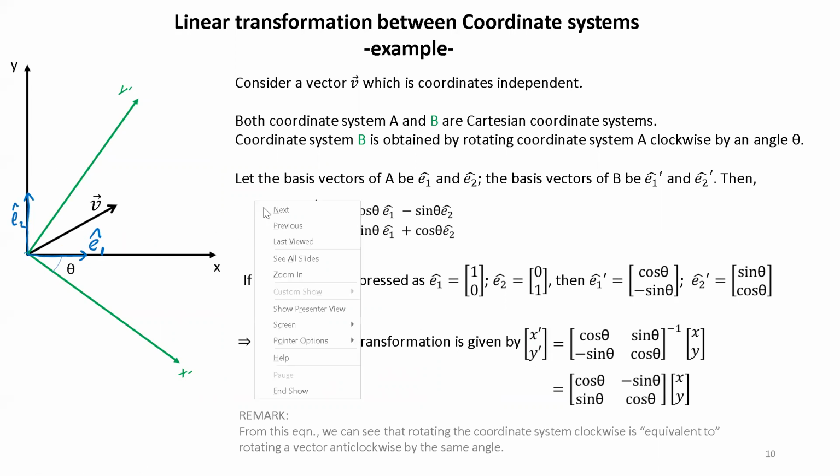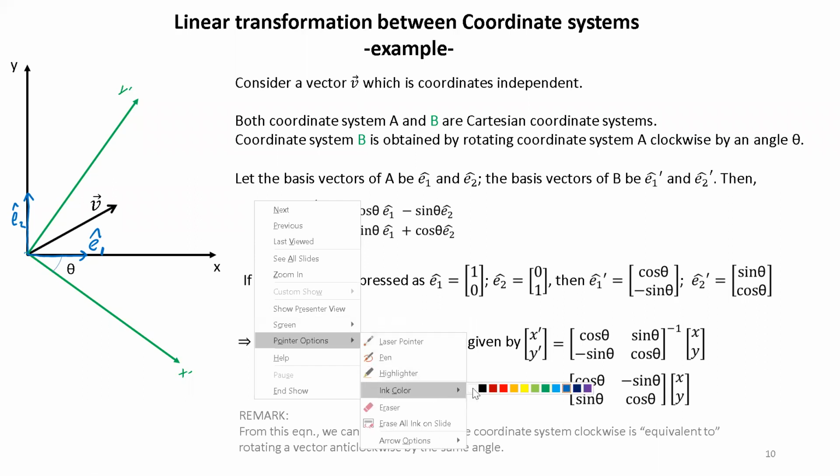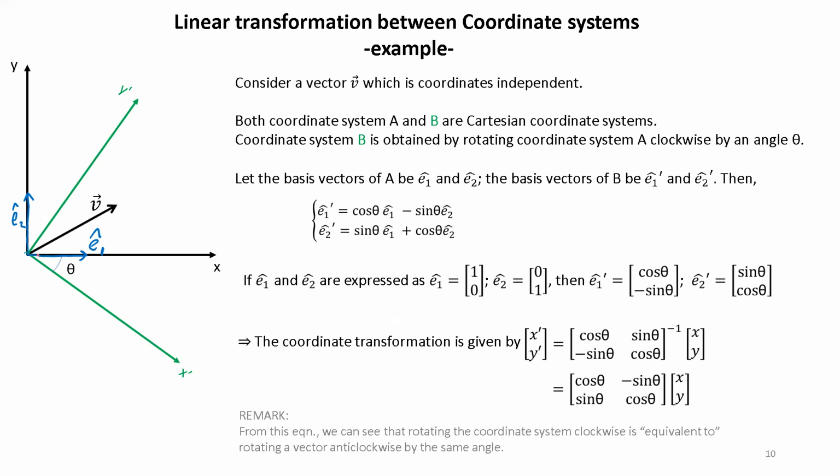This is the basis for the original coordinate system. After the rotation, this will be my E1 prime, and this is the E2 prime.